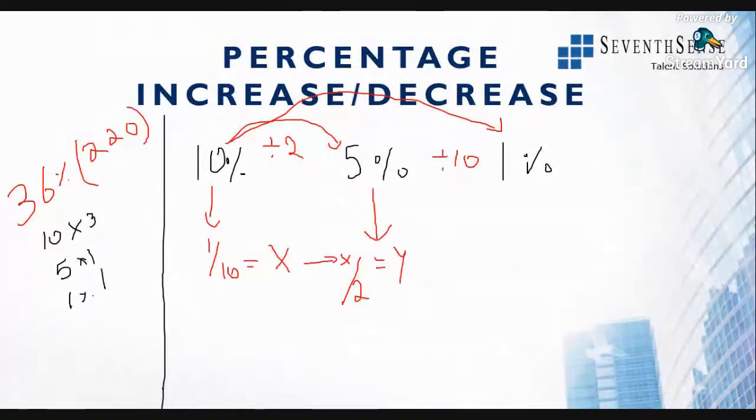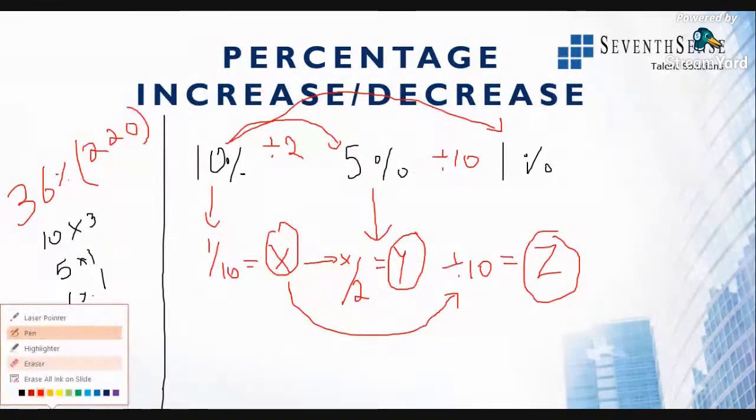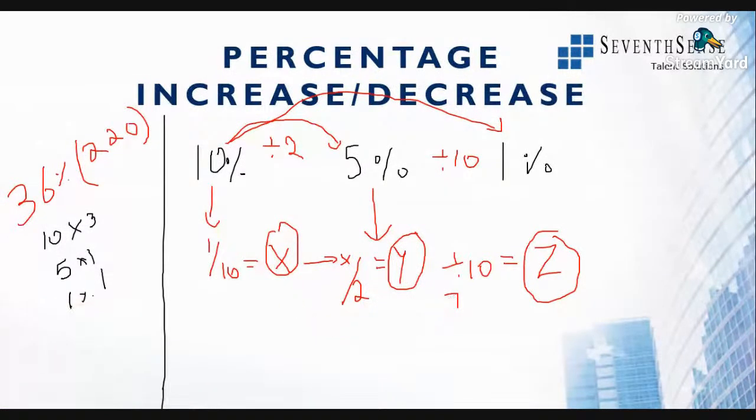If you divide 10% by 10, you will get 1%, right? So if you divide this value by 10, you will get Z, which is the 1% value. See, you can easily get these values. Now, once you do this, do the multiplication in your mind.